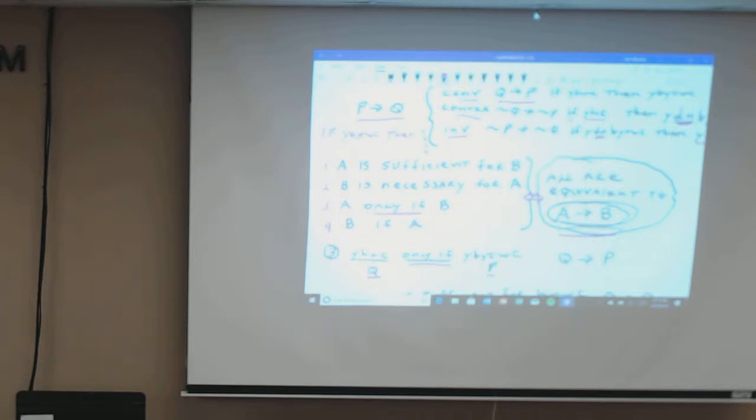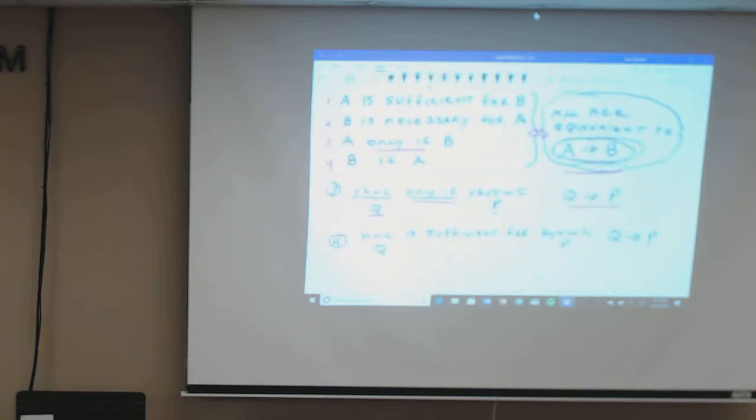A only if B, so Q only if P is equivalent to if Q, then P. Everybody see that? You follow that? Good.